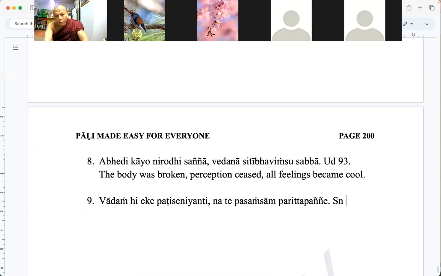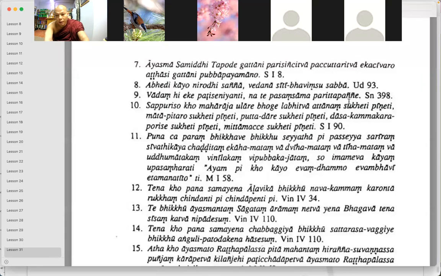That is, so from the Sutta Nipata, SN 398.